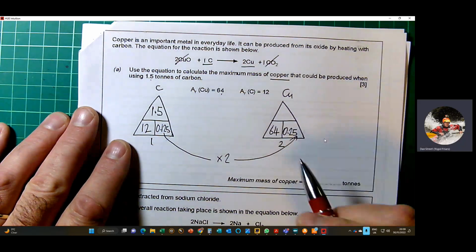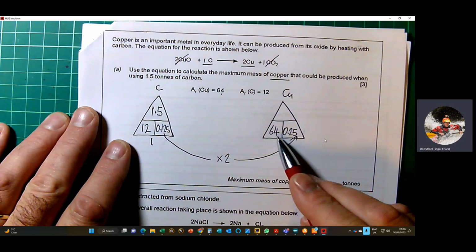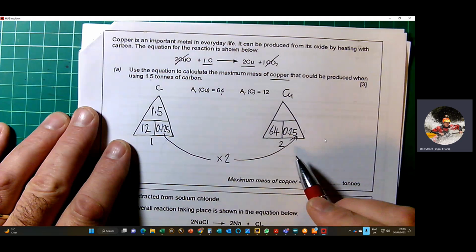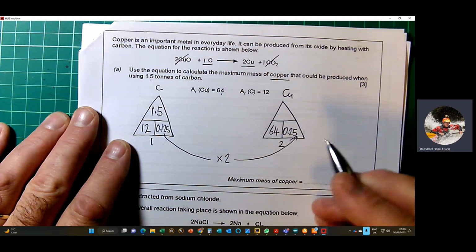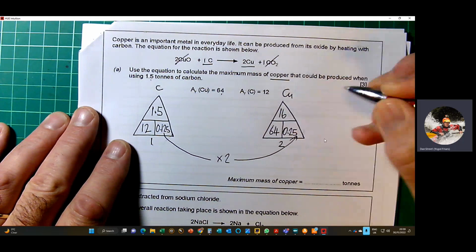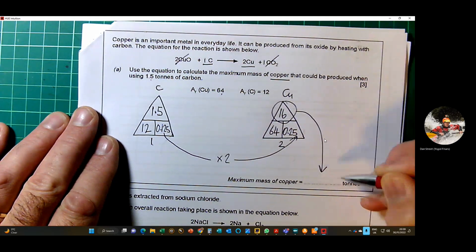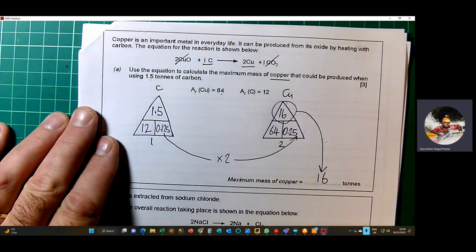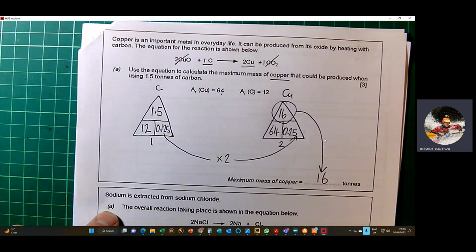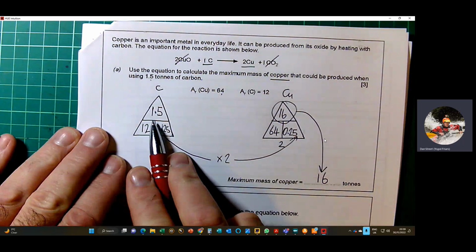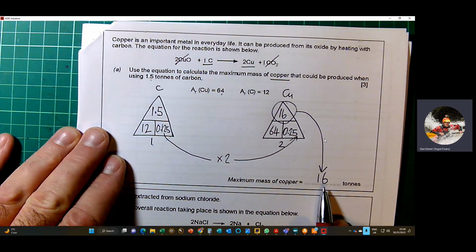When you have two numbers side by side in a triangle, it means multiply them together. So 64 times 0.25 is 16. That tells us that we've got 16 tons of copper. So for every 1.5 tons of carbon, we make 16 tons of copper.